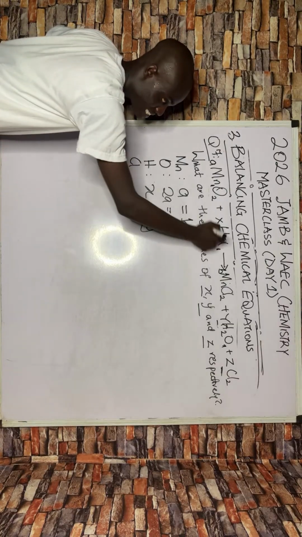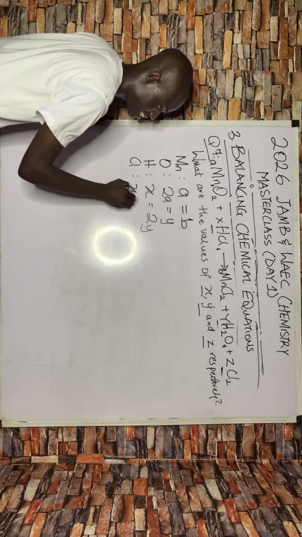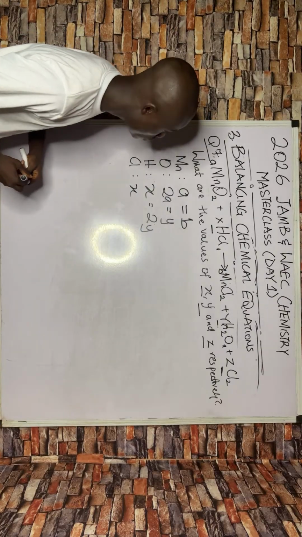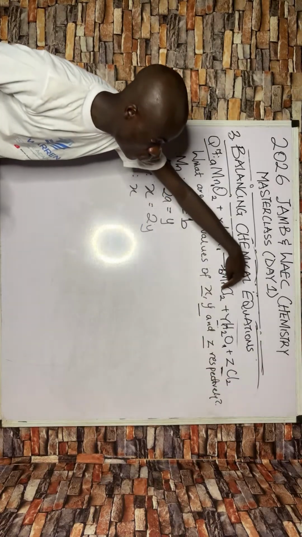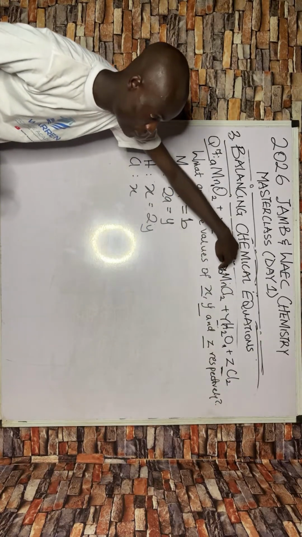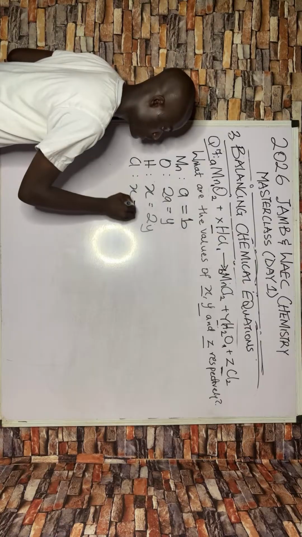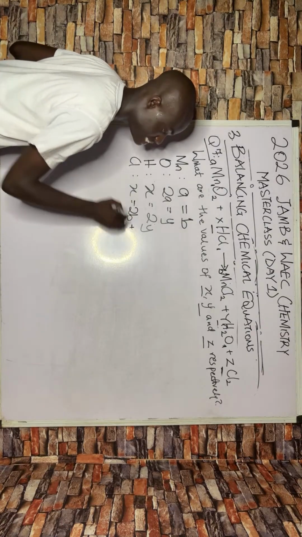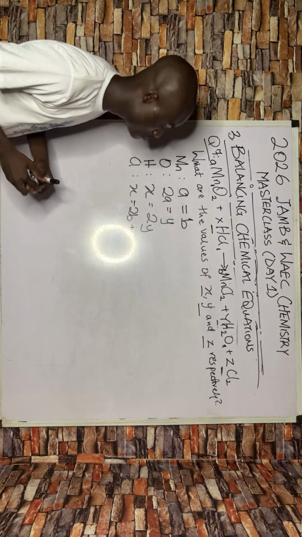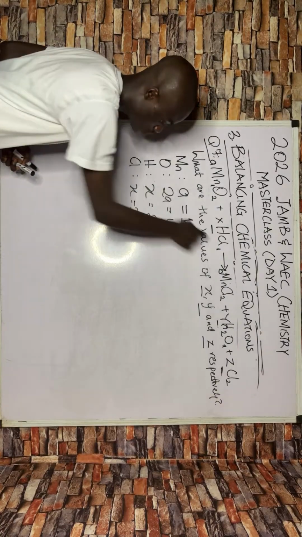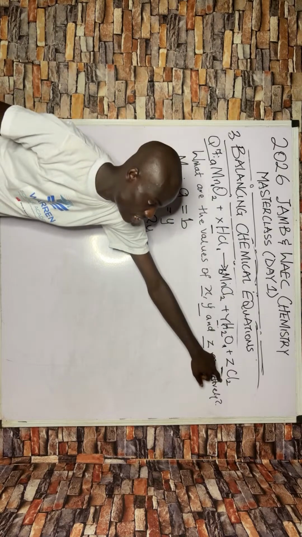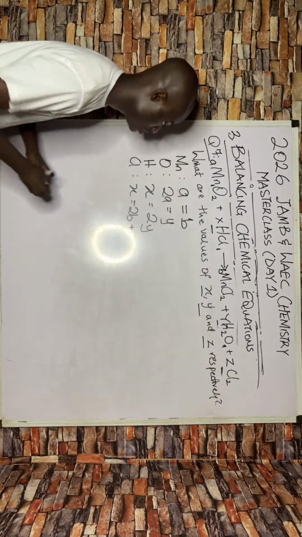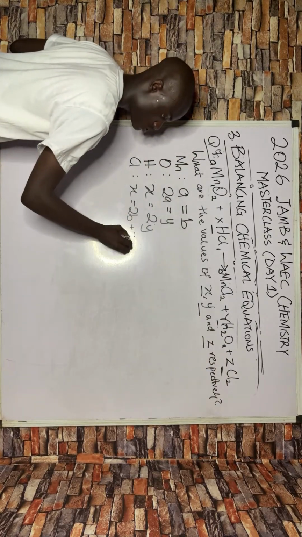For chlorine, 1 times X will give us X. And then we have chlorine here, 2 times B, that will give us 2B. Then we are going to say plus, because we have written the equal to here. After the chlorine here, 2 times B, there's another chlorine here, 2 times Z, that's 2Z.